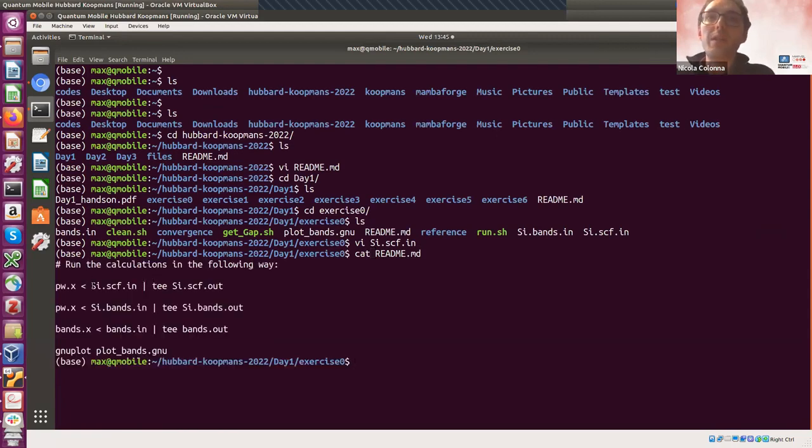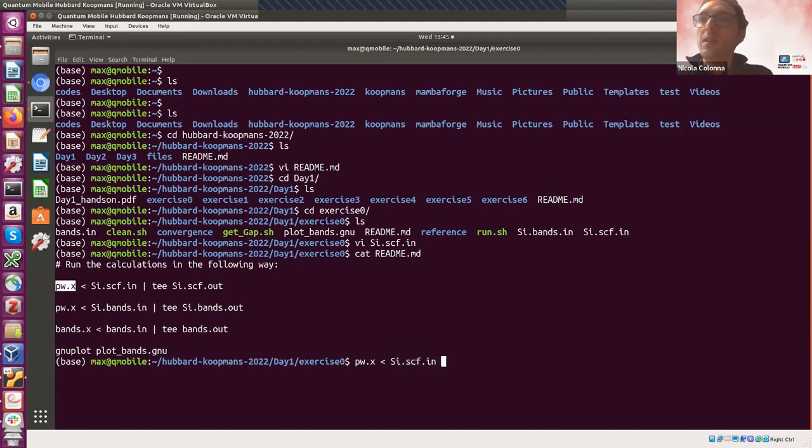There is some very basic instruction on how to run the code. So pw.x is the main driver of Quantum ESPRESSO. Essentially, it's the code that performs, among other tasks, the self-consistent calculation. So we are going to run like this, pw.x, and then we give the input file.